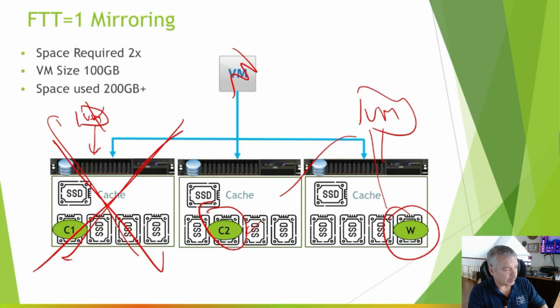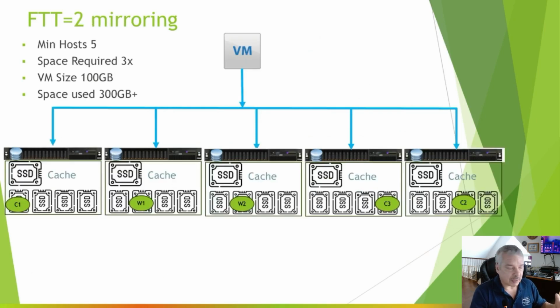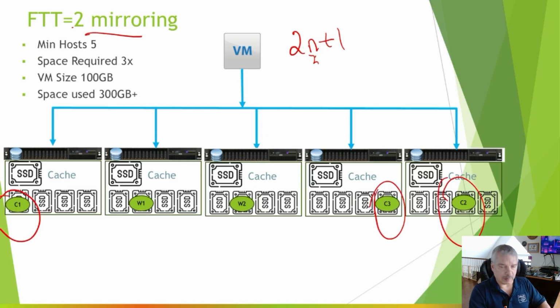So for failure to tolerate equals 1, we need at least 3 servers. Failure to tolerate equals 2 is the same kind of concept; we need at least 5 servers. Basically, to determine the number of servers, it's 2n plus 1. When we talk about mirroring, n is the number of failures you want to tolerate. So 2 times 2 equals 4, plus 1 is 5. That's the minimum number of servers. You'll see I've got a component here, a component over there, and 2 witnesses.